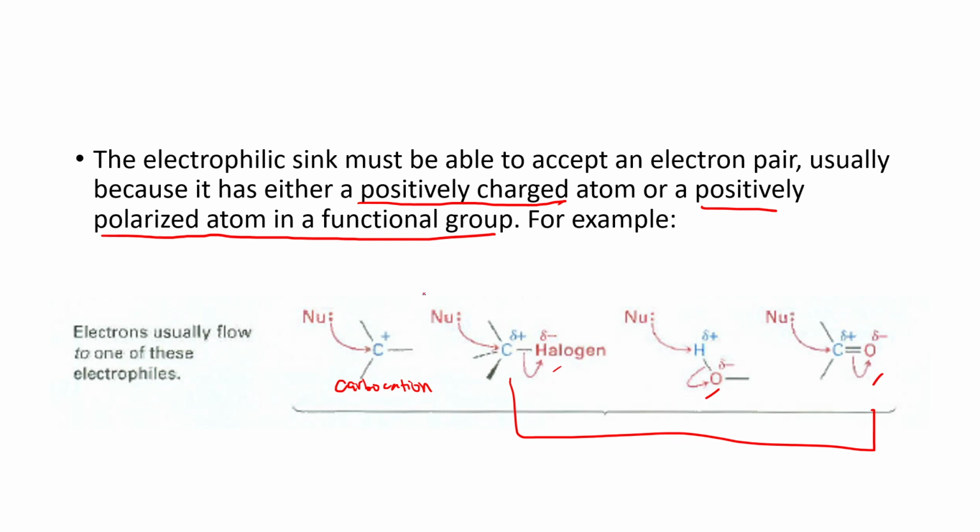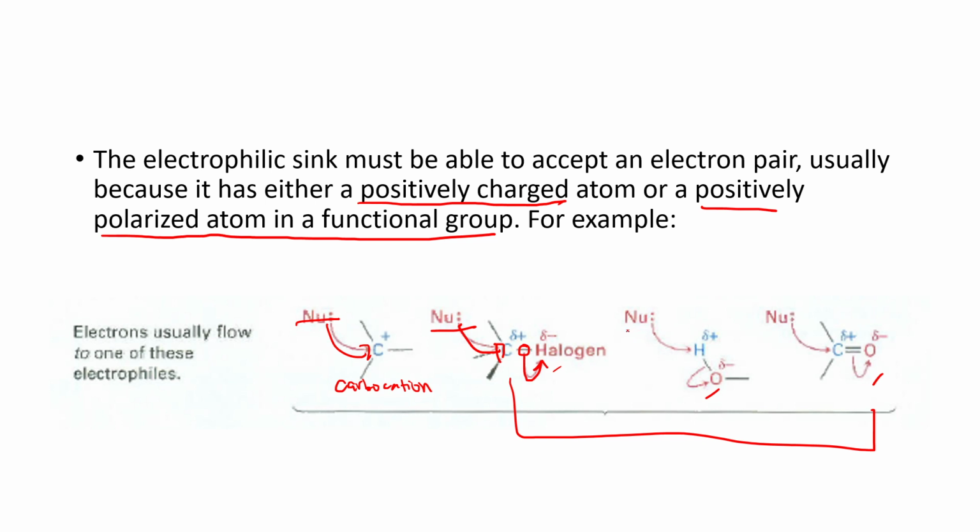So a nucleophile can attach to a positive carbon atom or a carbocation. It could also attach to a slightly positively charged carbon, and what will happen is this bond will break and move towards the electronegative atom, which is a halogen.